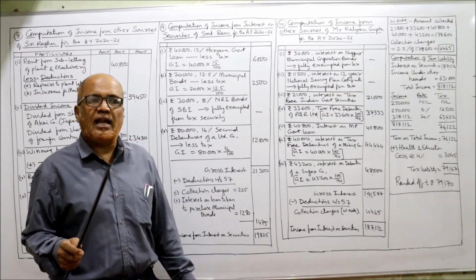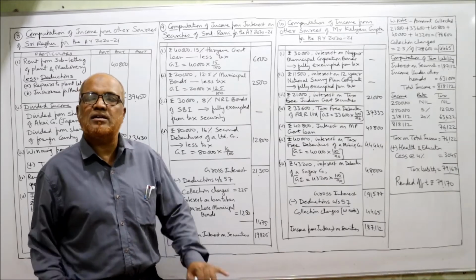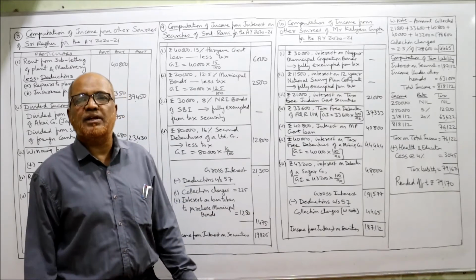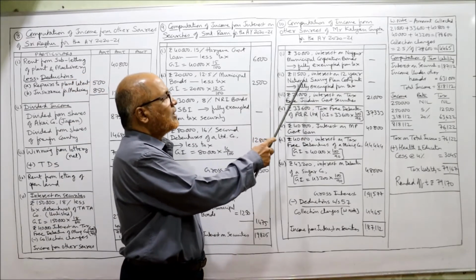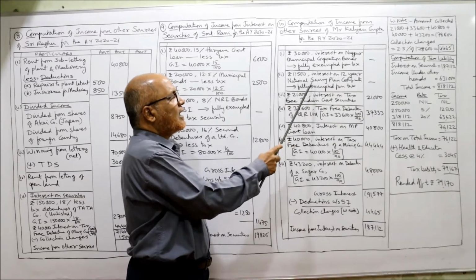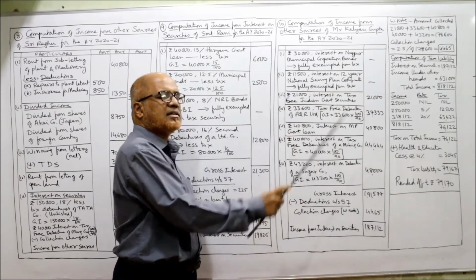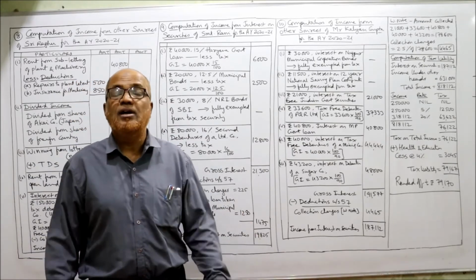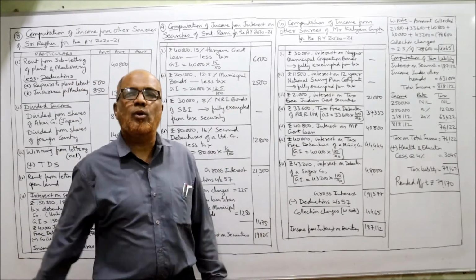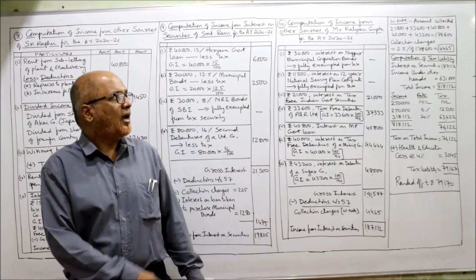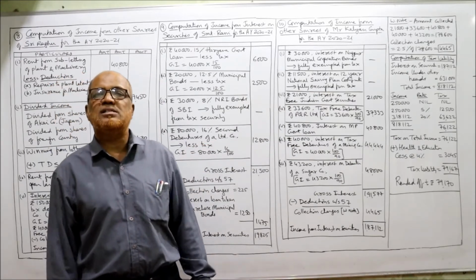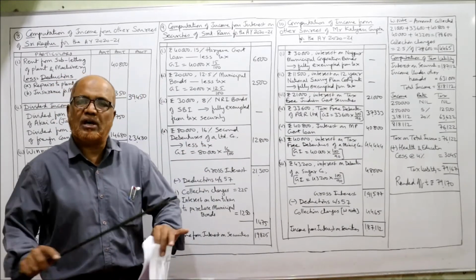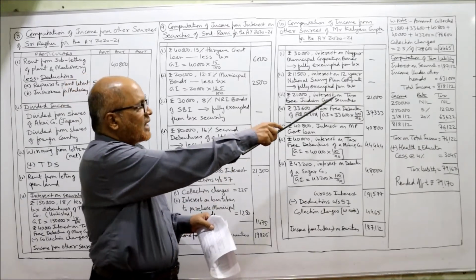So interest on National Saving Plan certificate is fully exempted from tax. So 11,500 interest on 12-year National Saving Plan certificate fully exempted. The first two securities are fully exempted. Which are the two? Nagpur Municipal Corporation bond and 12-year National Savings certificate. Both are fully exempted. So put a dash.